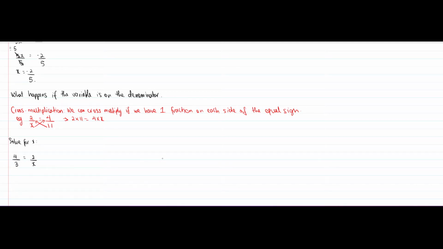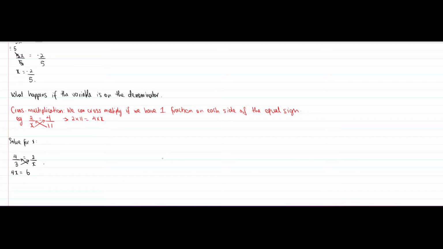I want the variable on the numerator, because I already know how to solve an equation where the variable is on the numerator. So what do I do? I cross multiply. If you draw these two little arrows, that is your indication to whoever is marking your paper that you are cross multiplying. 4 will multiply by x to give me 4x, and 2 will multiply by 3 to give me 6.